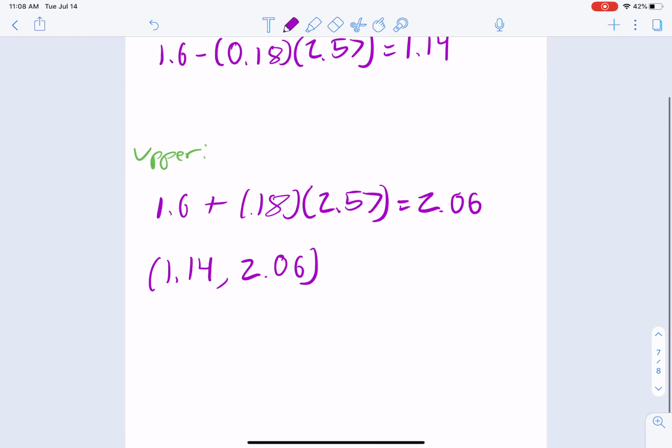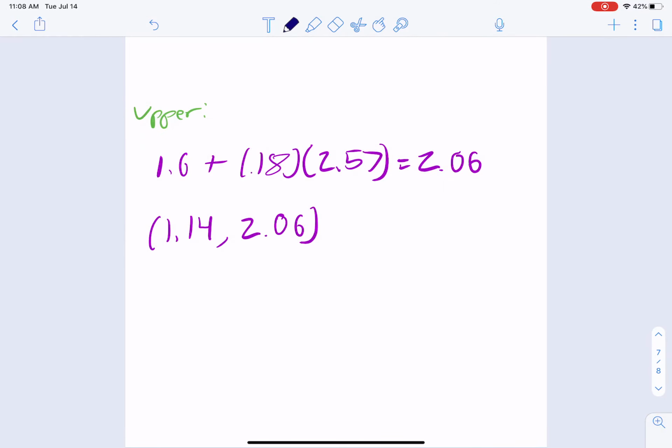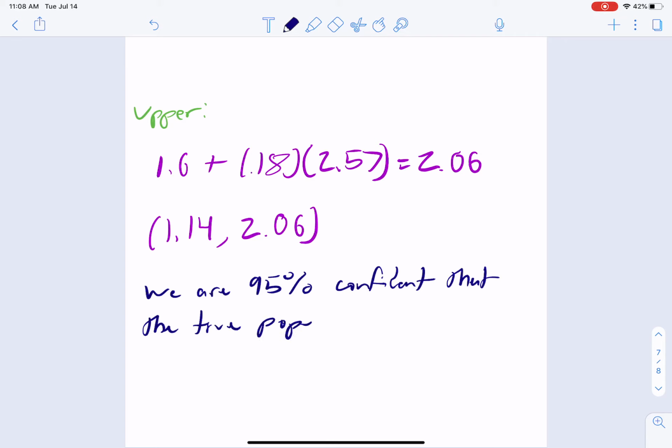Sweet. So we are 95% confident that the true population mean is between 1.14 tons and 2.06 tons.